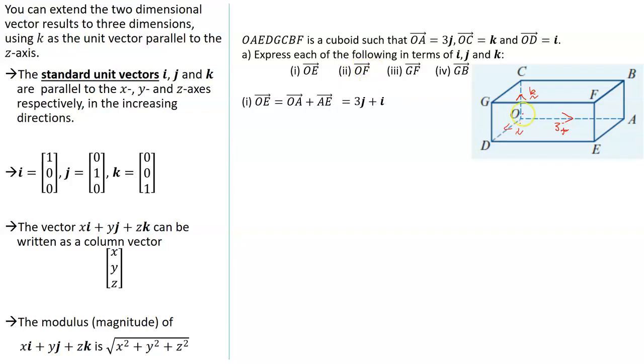The next one, OF. So I already know how to get to E, and then I just need to go up here. EF is the same as OC. So that's going to be 3j plus i plus k. GF, G to F, that's just the same as OA, so that's equal to 3j.